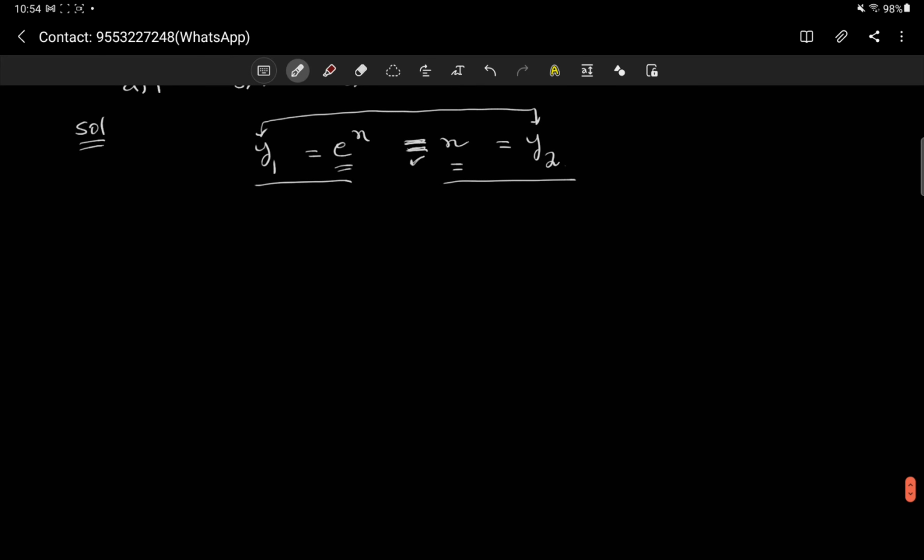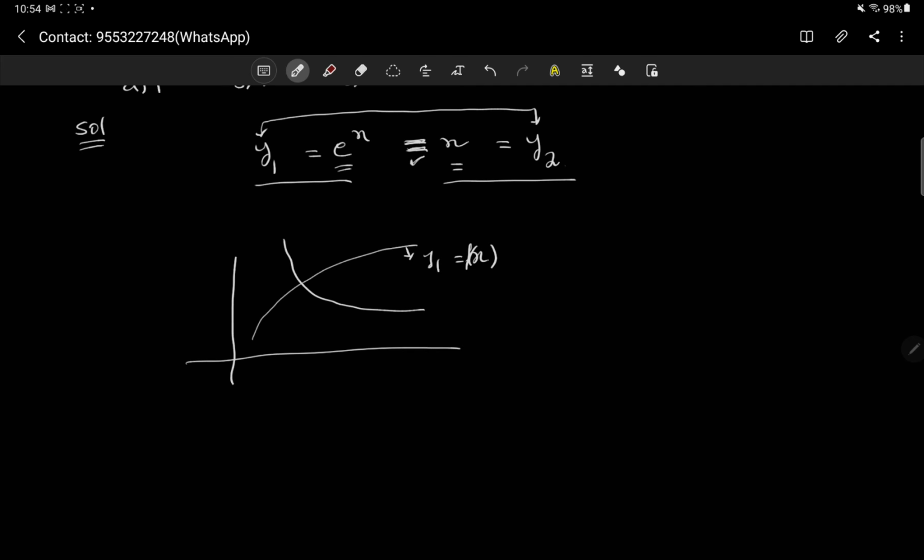To get the number of values of x, suppose you take a function, let y1 be some f of x, and y2 is equal to g of x.